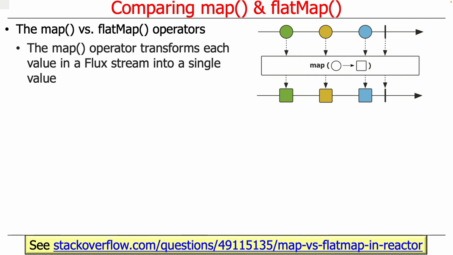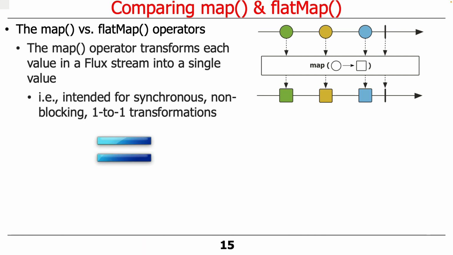The map operator, if you recall, transforms each value in a flux stream into a single value, one at a time. Therefore, it works in a one-to-one way. Every input item is mapped to an output item. It's really intended for synchronous, non-blocking, one-to-one transformations. What that means is it's not running in the background.